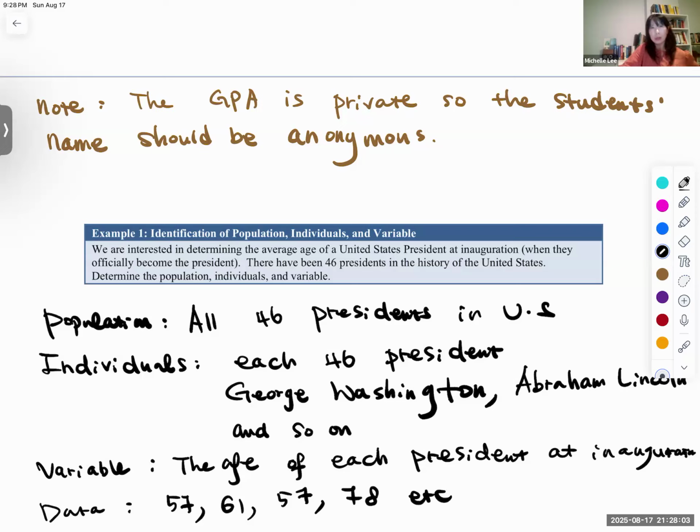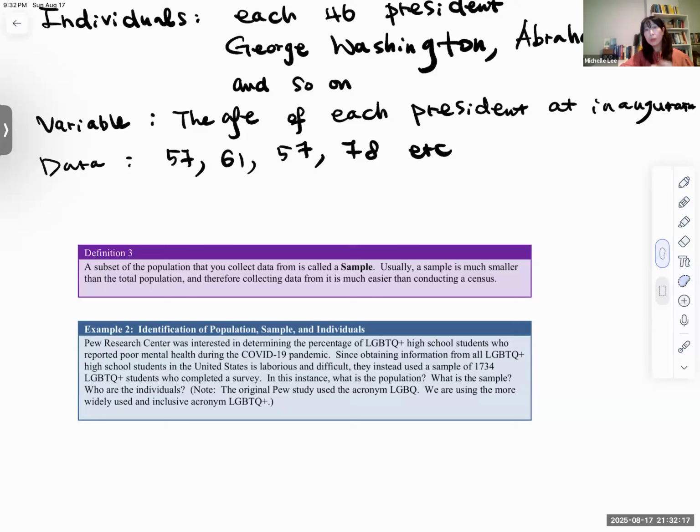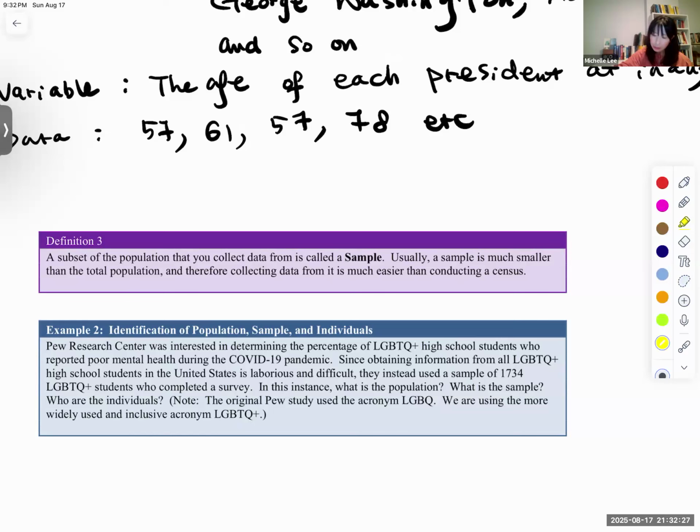Oops, you cannot see this one, right? Okay, now we talked about the sample earlier, right? Then what is a sample? So we have a definition here. So sample is a subset of the population.